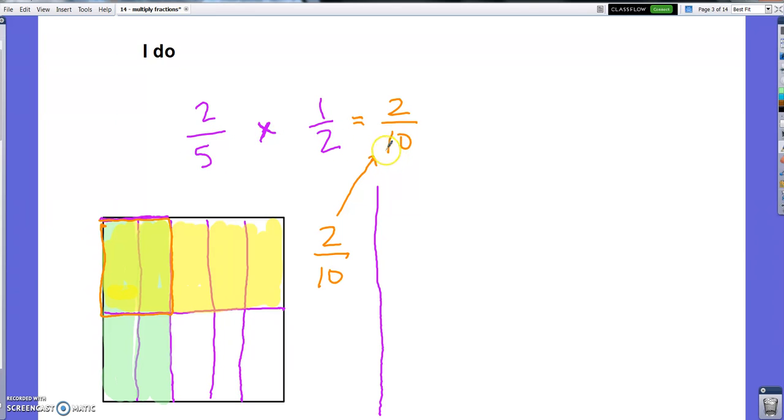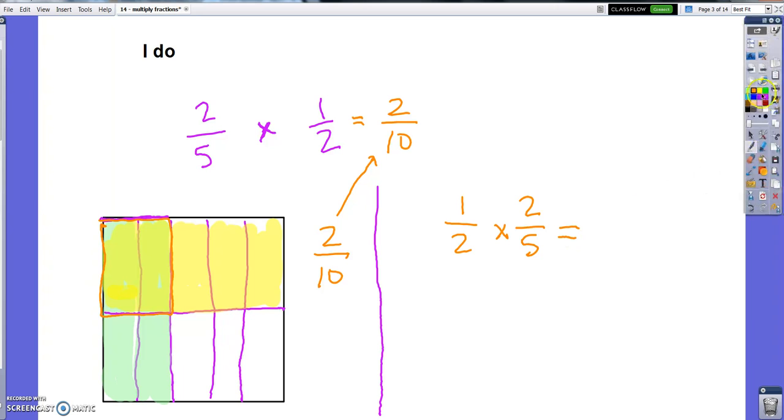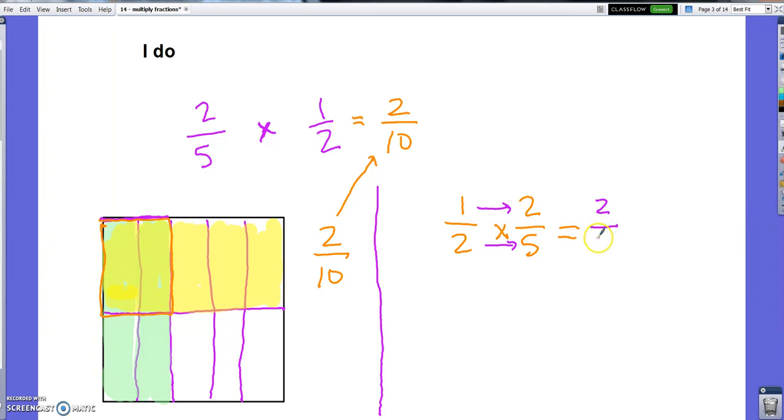So while you cannot do that when you add and subtract fractions, it is totally fine when you multiply fractions. The standard algorithm for doing that is to just multiply the numerators and multiply the denominators. And you get the same thing you got here. That does not work with adding, that does not work with subtracting, and that will not work with dividing, but it is the standard algorithm only for multiplying fractions.